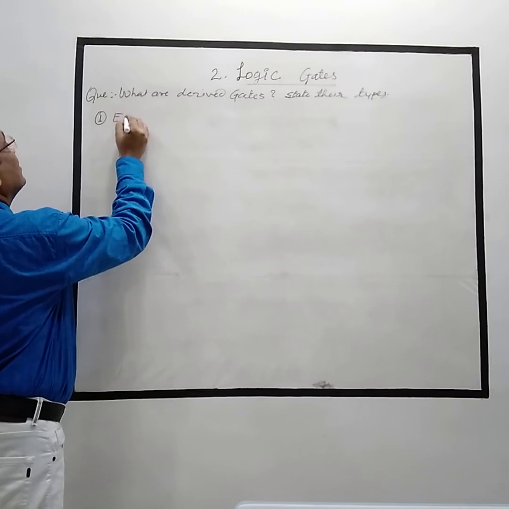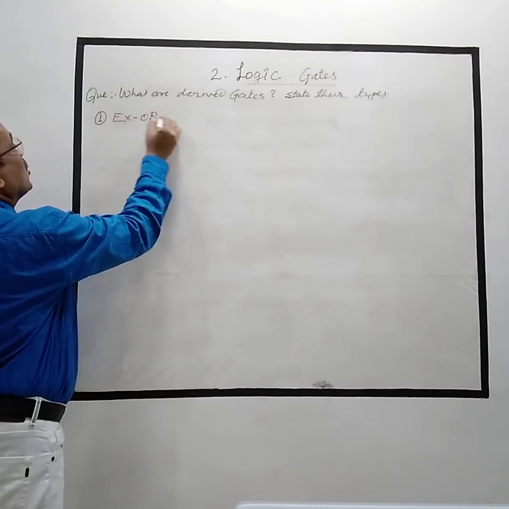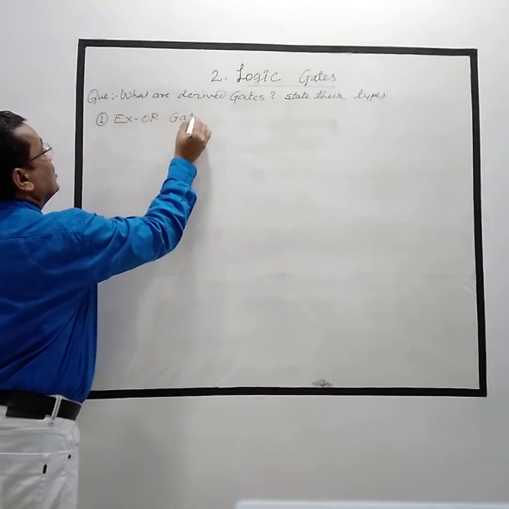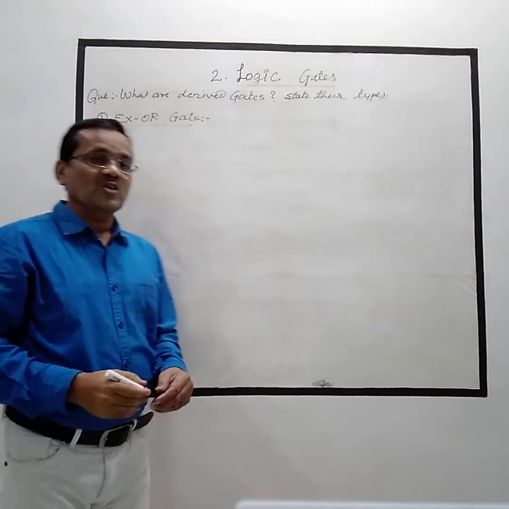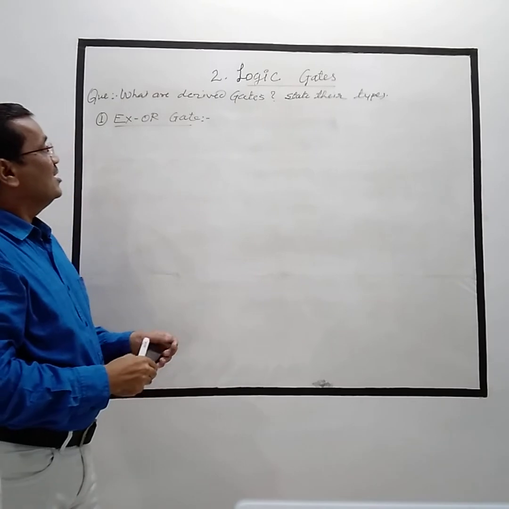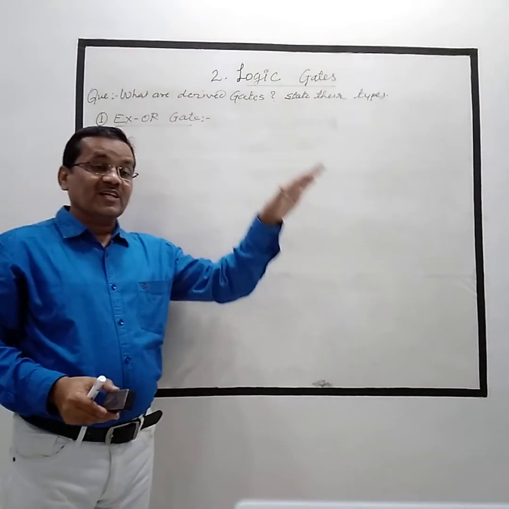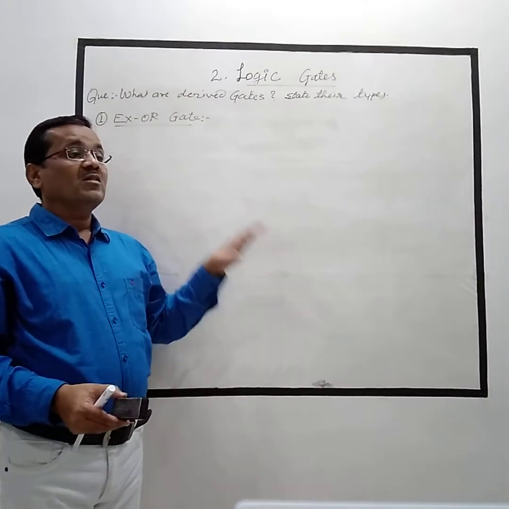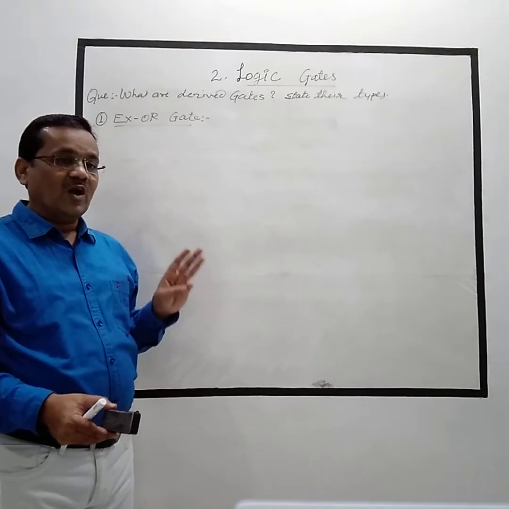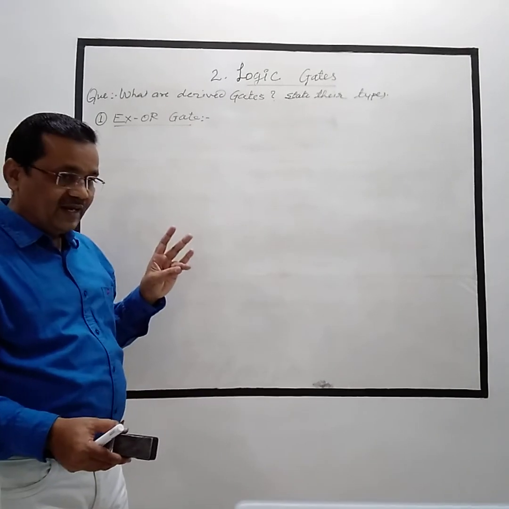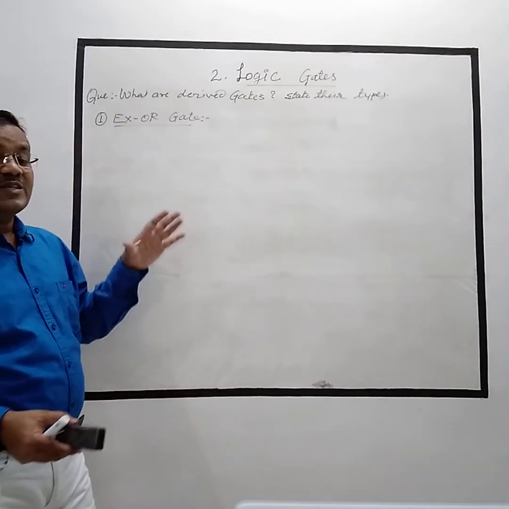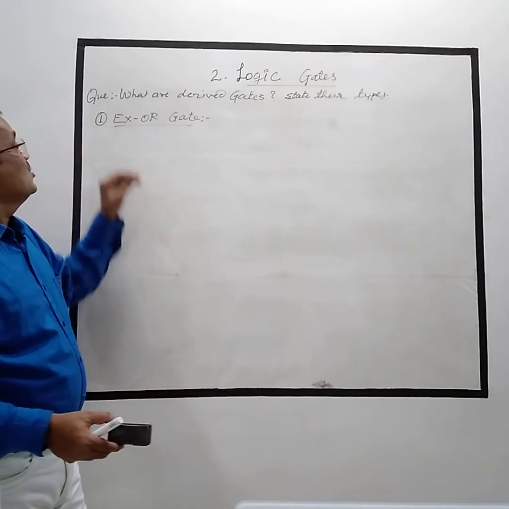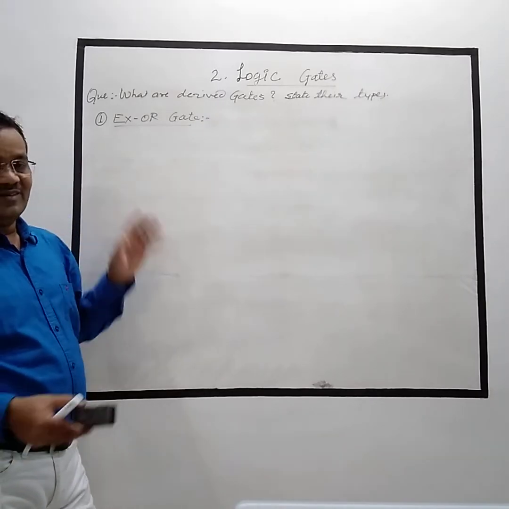XOR gate. So the XOR gate can be defined as the logic circuit which can be constructed by using all the basic gates: OR gate, AND gate and NOT gate. That means in this gate all 3 basic gates are used to construct the exclusive OR gate.